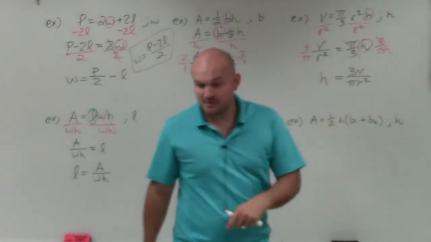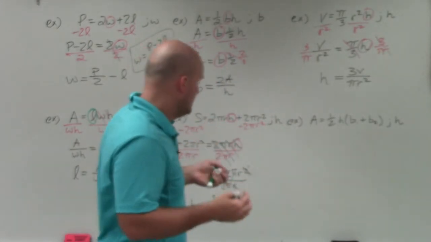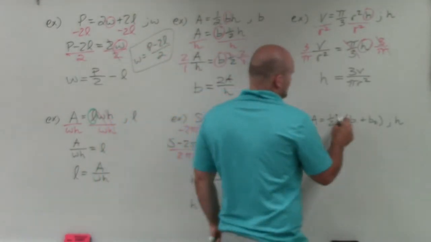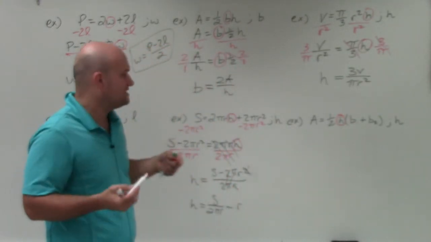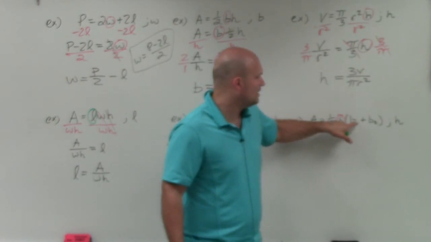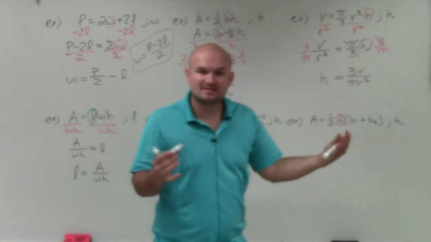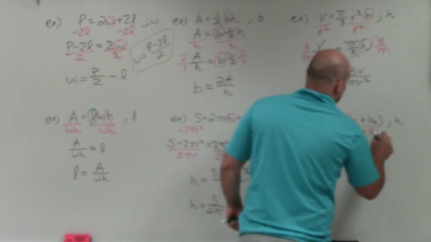On the last example, this one gets pretty confusing because students see parentheses and they're like, oh God, what do I do here? Well, I could have done this one before. Again, we're solving for h. I look at my h and I see that my h is being multiplied by 1/2, and it's being multiplied by b1 plus b2. Well, that's in parentheses, so I can undo that just as it is in its parentheses.